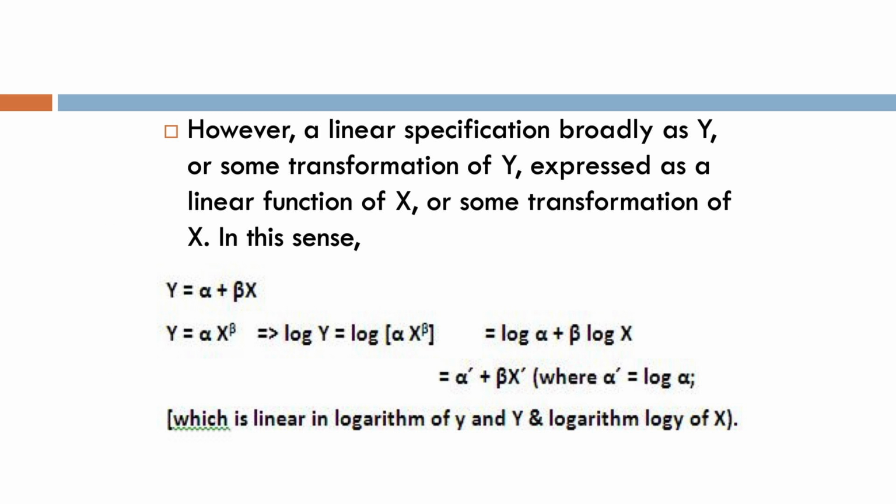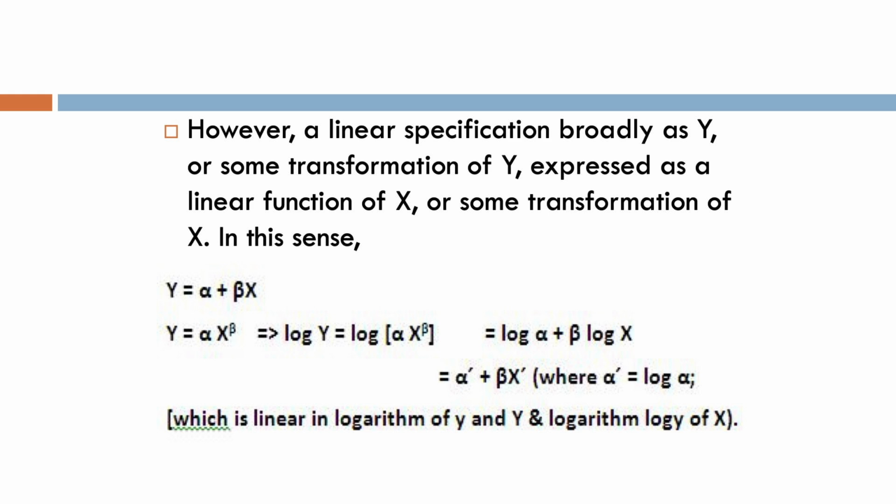However, a linear specification is broadly defined as y or some transformation of y expressed as a linear function of x or some transformation of x. In this sense, y equal to alpha plus beta x is obviously linear. Let us take the case of y equal to alpha x power beta.